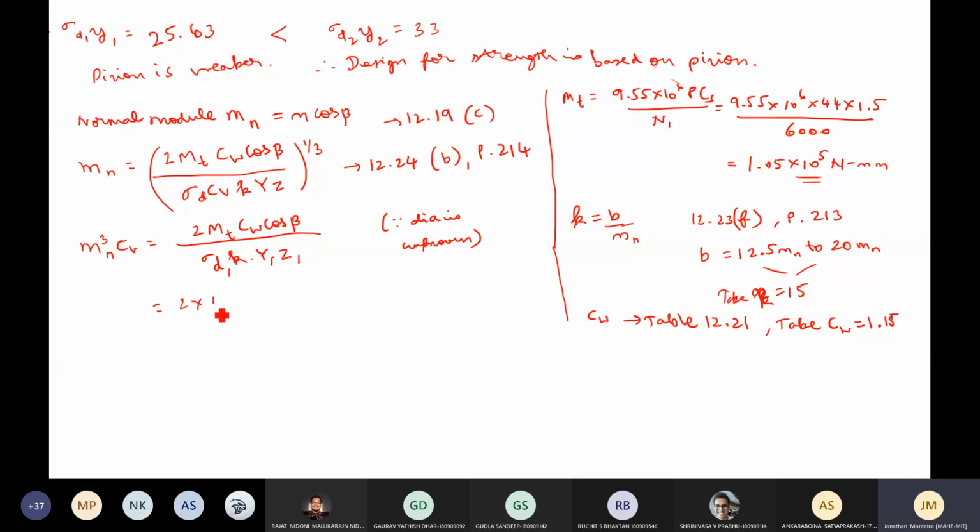So let us take this value now. 2 into 1.05 into 10 power 5, CW is 1.15 into cos of 20 degrees, sigma D was 220.6 for the pinion, K is 15, capital Y1 is pi into Y, which is 0.1162, and Z1 is 20.